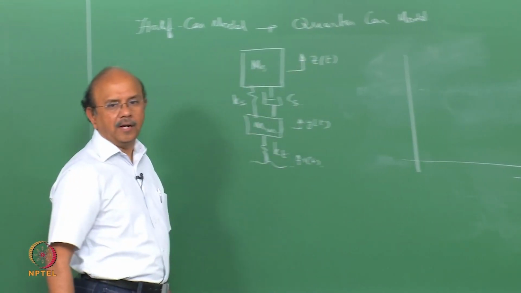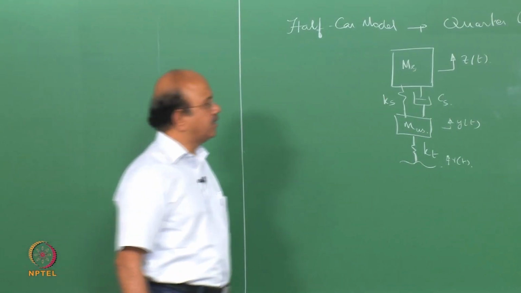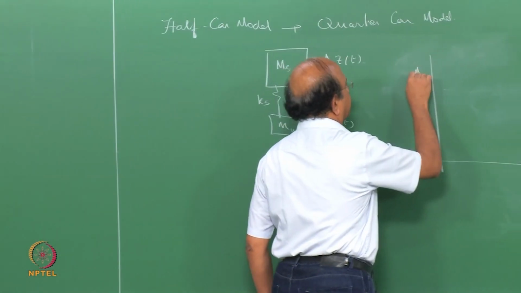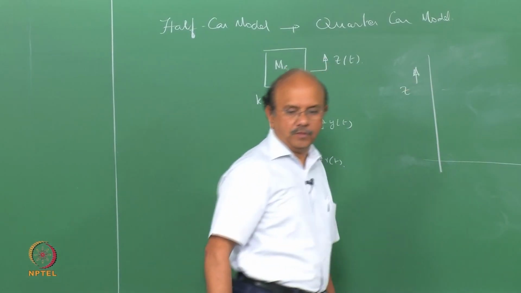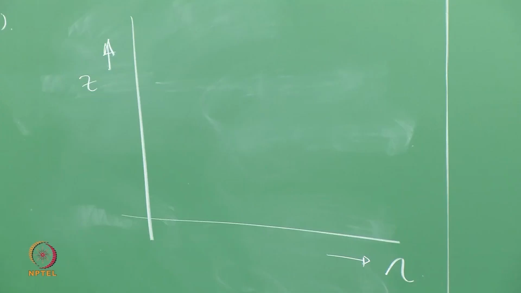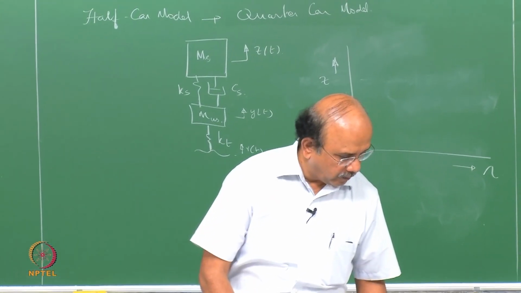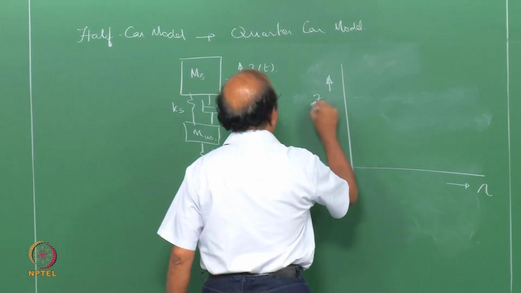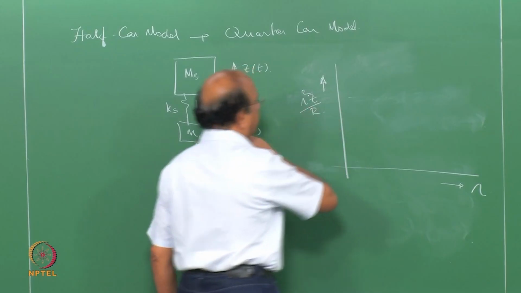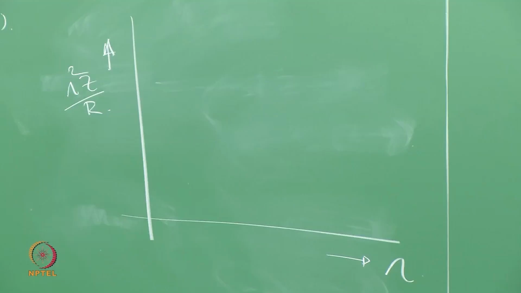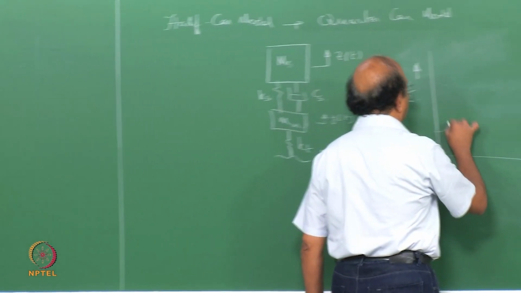Suppose I plot omega, the excitation frequency, versus normalized Z, let me plot it as omega squared ZR, that's a normalized plot.